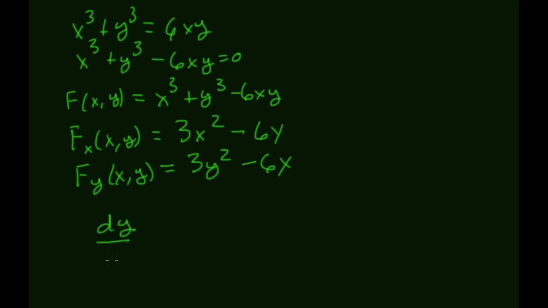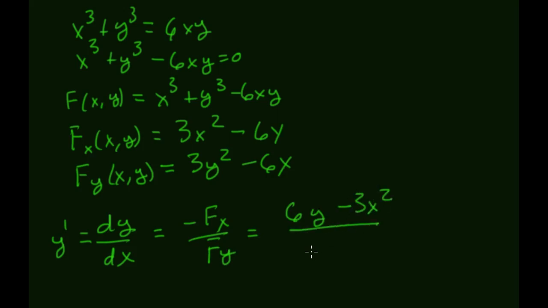And according to what I've read, dy/dx, aka y prime, should be negative F_x over F_y, which is 6y minus 3x squared over 3y squared minus 6x.